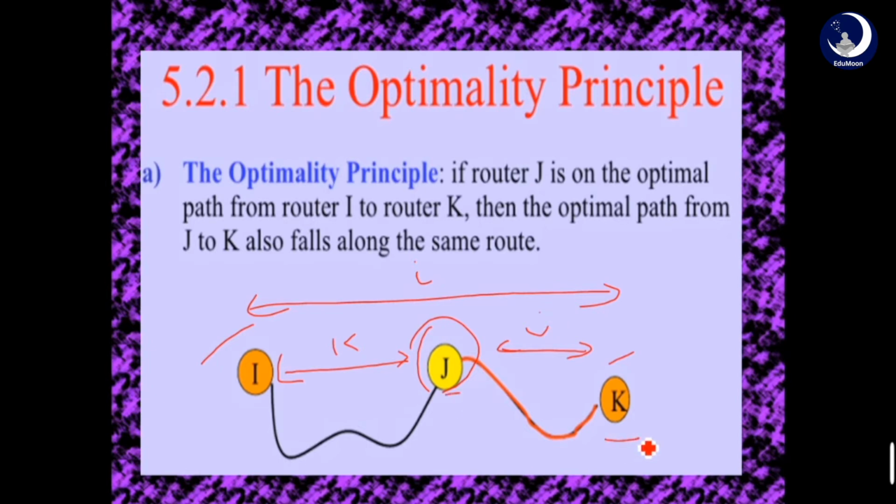So here if K is optimal, then automatically J will also be an optimal path.